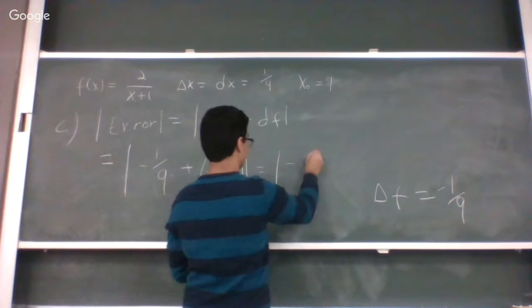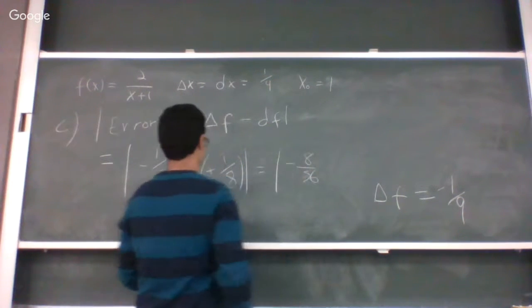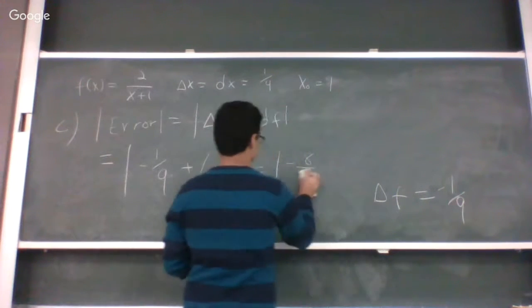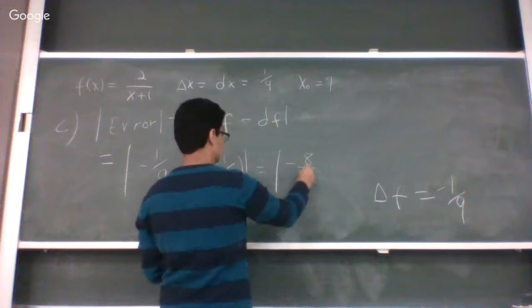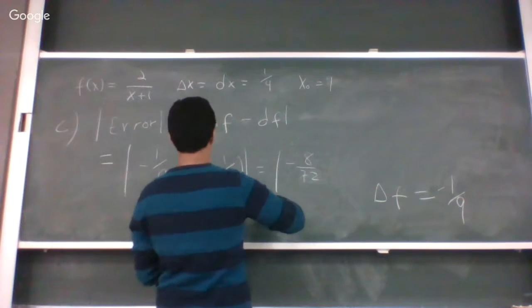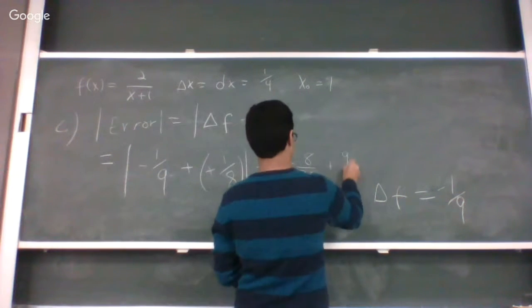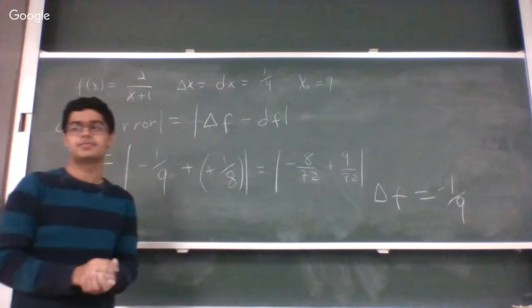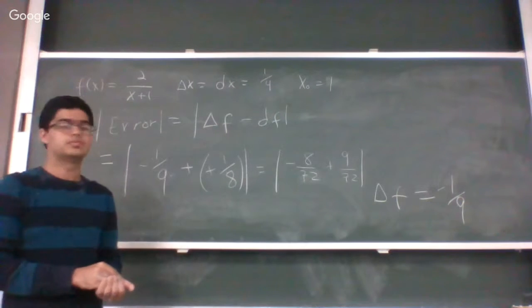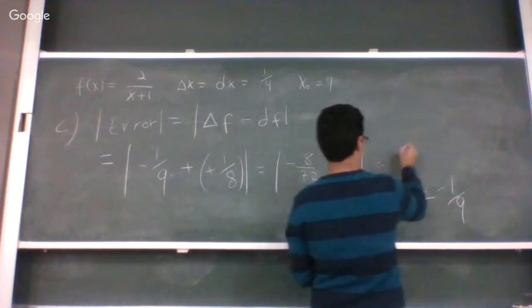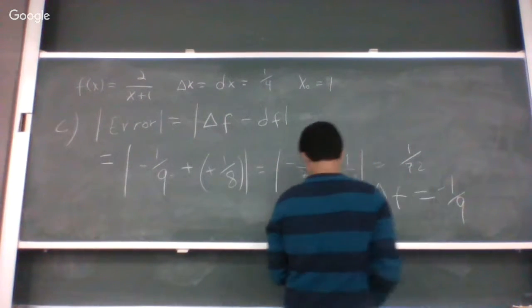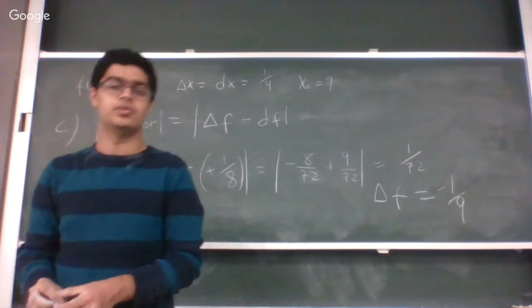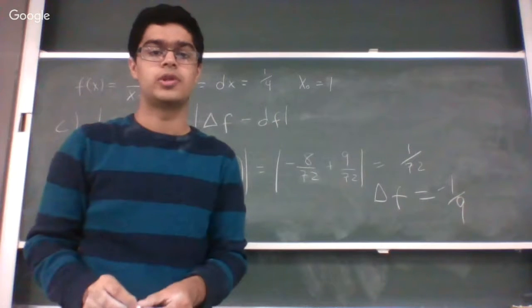So negative 8 over 72 plus 9 over 72. Right? So your error is within 1 over 72.